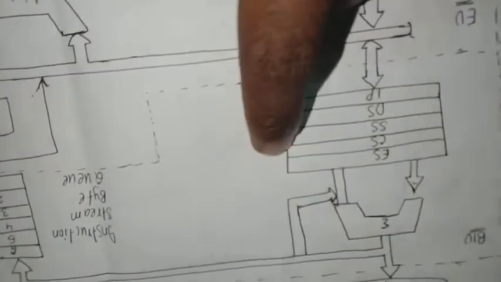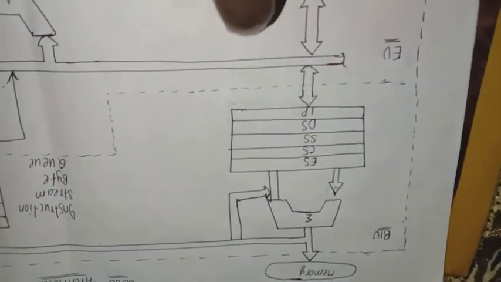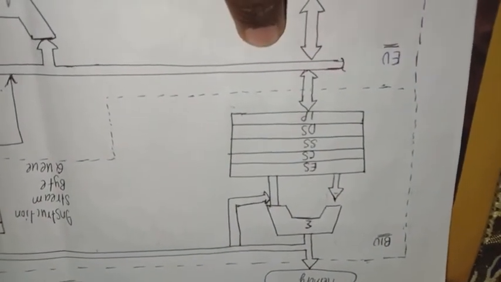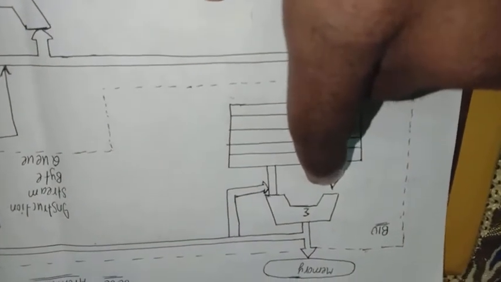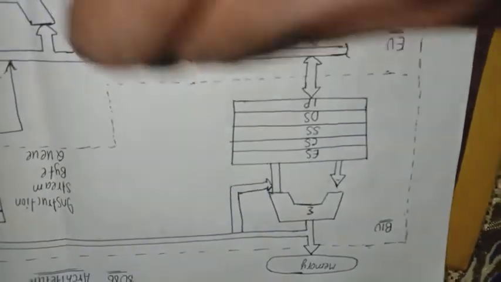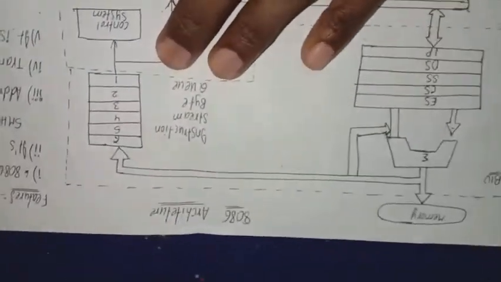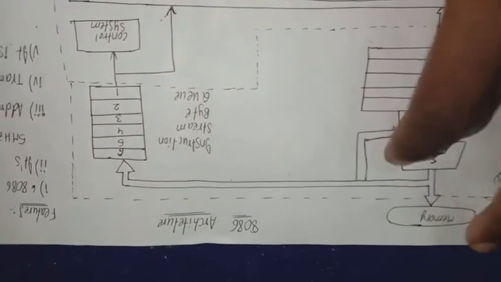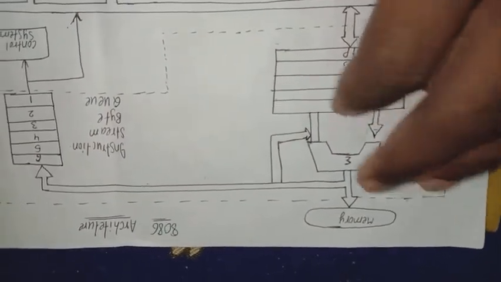Whereas in 8085, if the BIU is fetching, the execution unit is idle, and when it is executing, the BIU is idle. So in that way, more time is consumed. Whereas in 8086 architecture, the time taken for processing is very less.